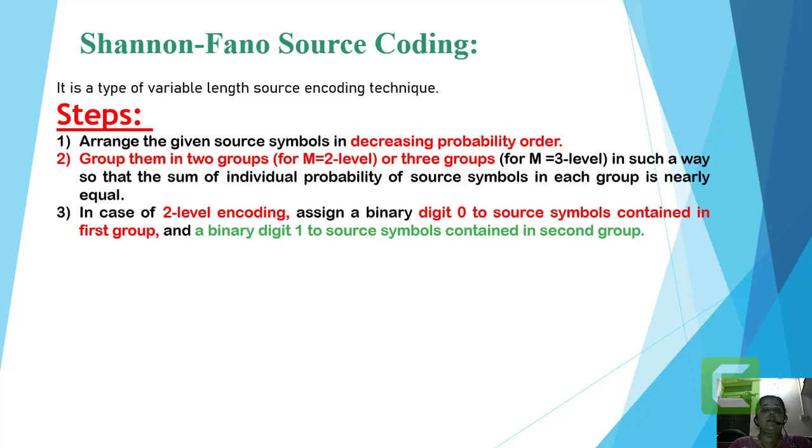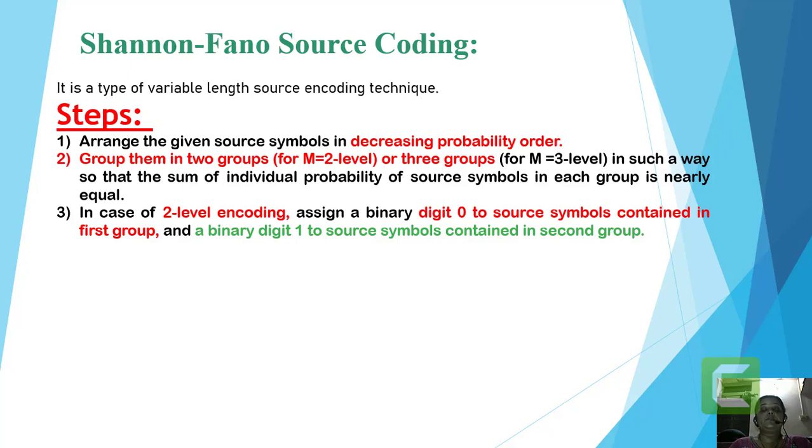In the second step, as per the given m value, whether m is 2 or 3, we have to group the symbols into either 2 groups or 3 groups, and these groups should be made in such a way that the sum of the individual probabilities of the source symbols in each group will be nearly equal.